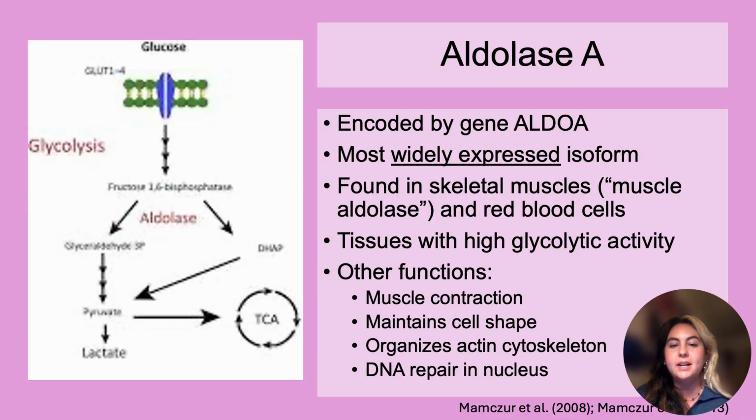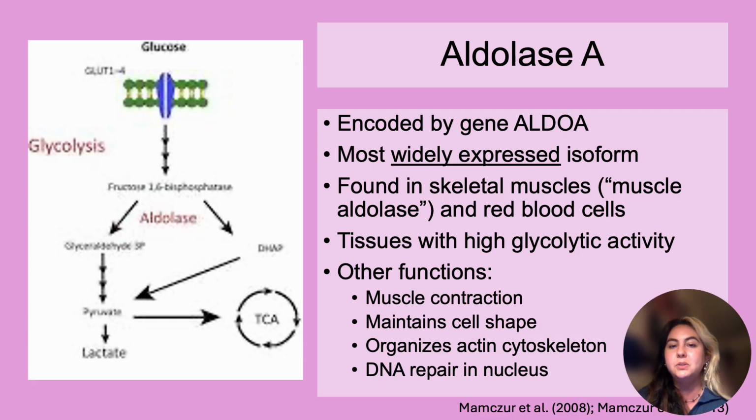So the first isoform is going to be aldolase A, which is encoded by the gene aldo-A. This is going to be the most ancestral form of aldolase compared to the other two isoforms, and it's also the most widely expressed isoform. It can be mostly found in skeletal muscles, which is sometimes why it's referred to as the muscle aldolase, and also in red blood cells.